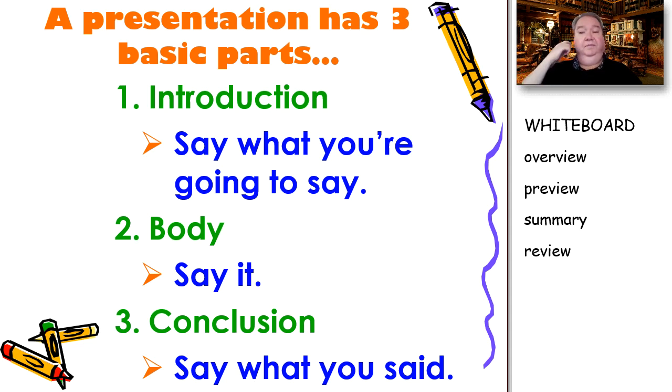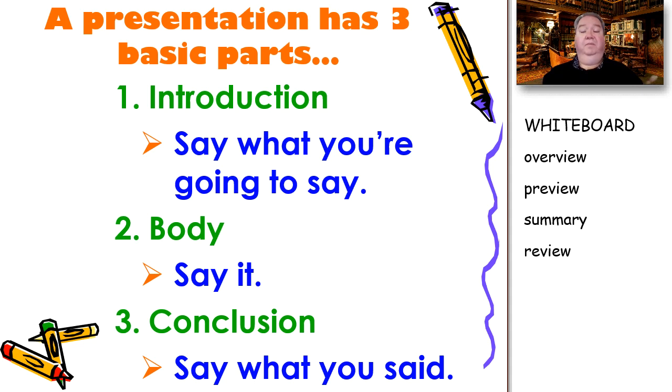Now, why do we do this 3 times? Why is there so much repetition? Well, if you hear something only one time, how likely are you to remember it? You may forget it very easily. If you hear it twice, your chances go up.